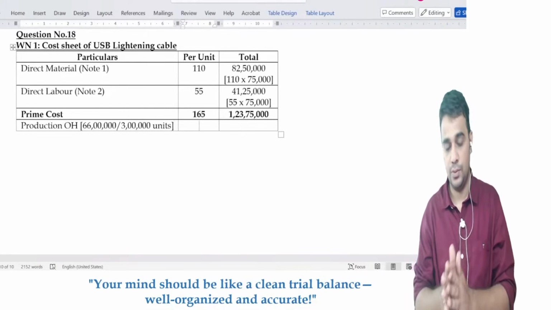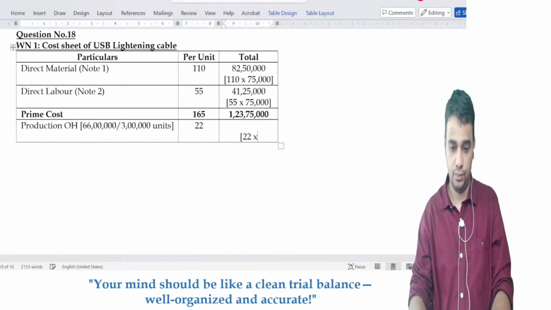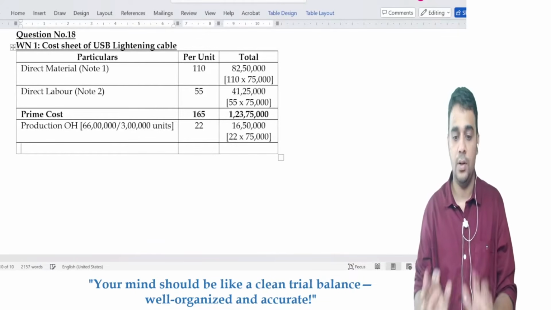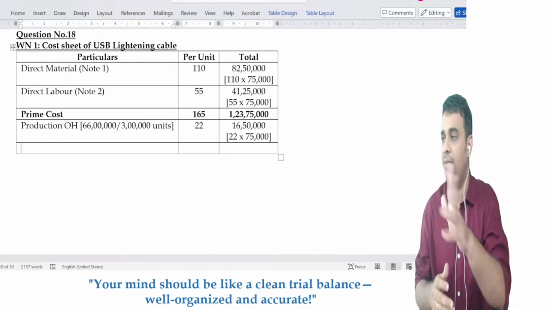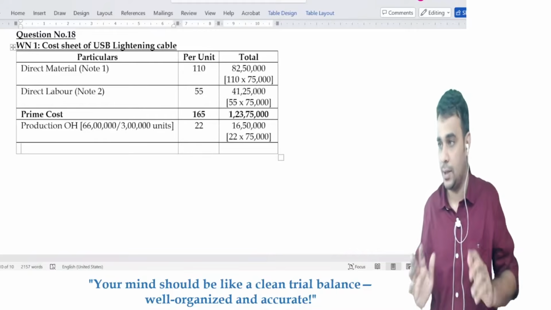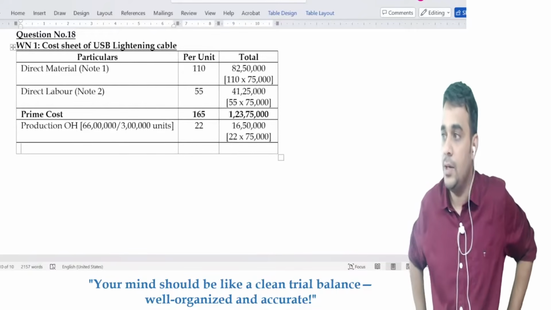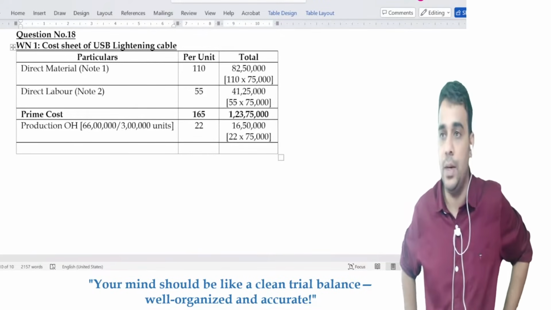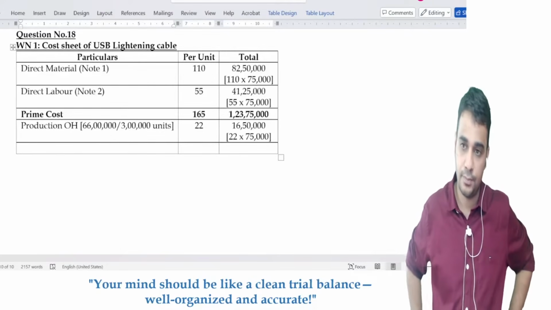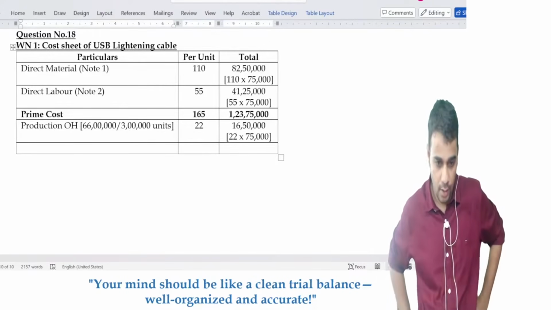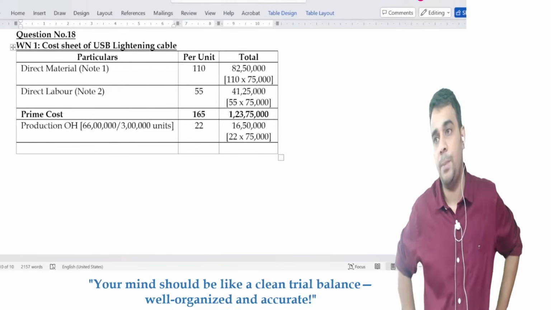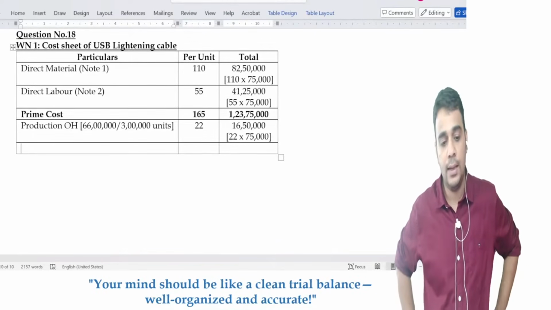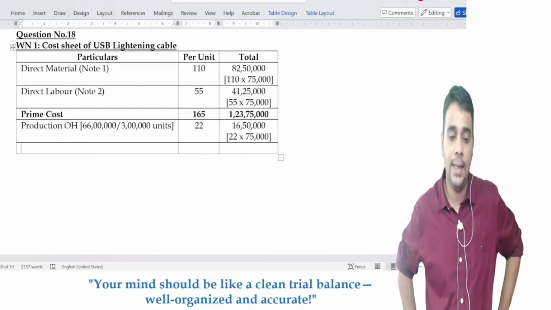How much? 22. If the cost was the same for others also, we would have directly divided by 3 lakh and closed it. There it was not the same, so I had to do a detailed calculation. For production overhead, the per unit cost is the same for type C cable and the lightning cable.